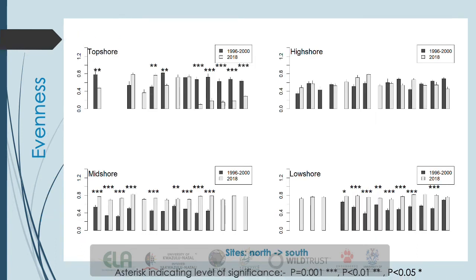With the species richness, we also found an increase in evenness, especially in the lower zones. In the upper zones, the top shore had a decrease in evenness, and in the high shore there was no change in the evenness.